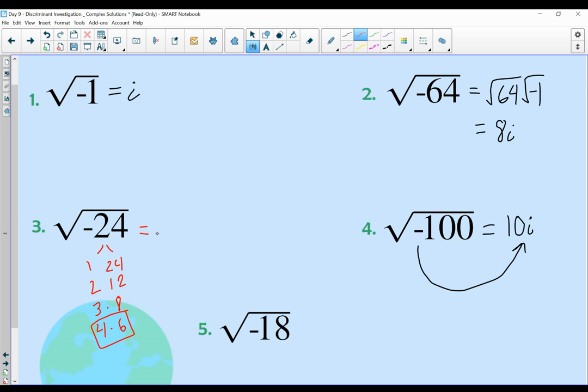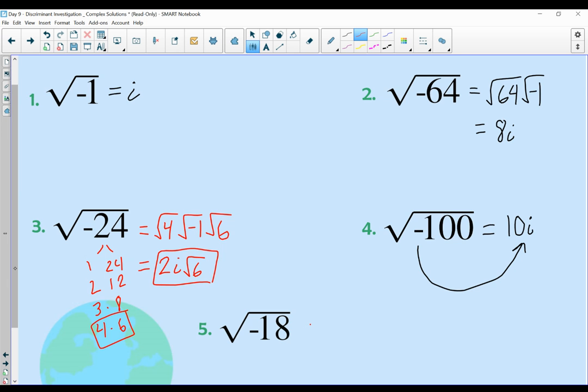So this is going to break up into the square root of 4 times the square root of -1 times the square root of 6. And we should know the square root of 4 is 2. The square root of -1 is i. And we don't know what the square root of 6 is. It's not a perfect square. That's why we leave 6 under the radical. So the square root of -24 is actually 2i square root 6 when we simplify it.